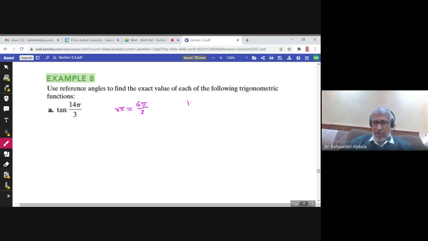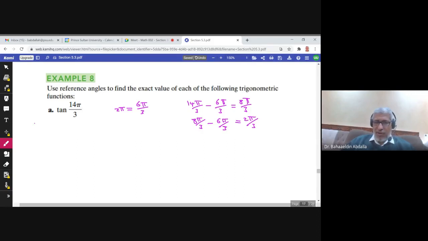So I start with 14 pi over 3 and subtract 6 pi over 3. If you subtract 6 pi over 3, you will have 8 pi over 3, and this is still greater than 2 pi. So I need to subtract another 2 pi, which is 6 pi over 3. So I have 2 pi over 3.